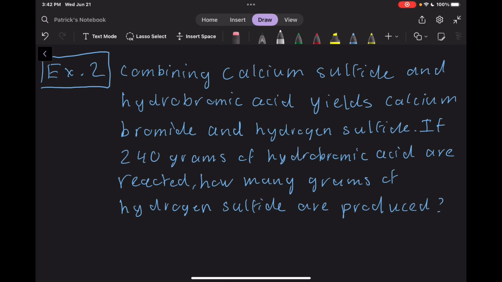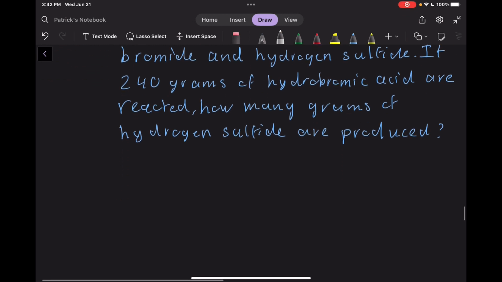From what we know about chemical nomenclature, we deduce that calcium sulfide has a formula of CaS, and that hydrobromic acid is a binary acid with the formula HBr. We turn now to our products, calcium bromide and hydrogen sulfide.